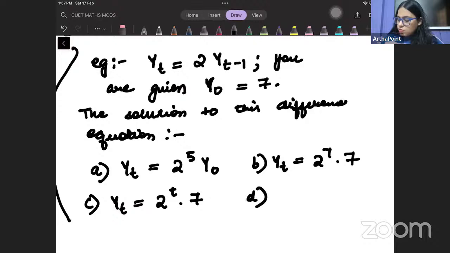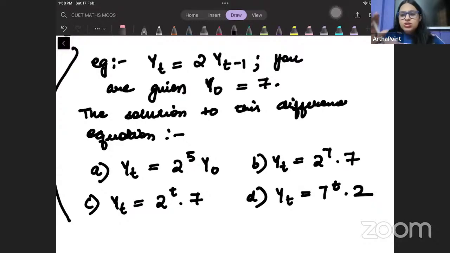And fourth, yt is equal to 7 to the power t into 2. What do you think will be the solution to this? C. Okay. C. Good. So that means everyone is clear with the solution.